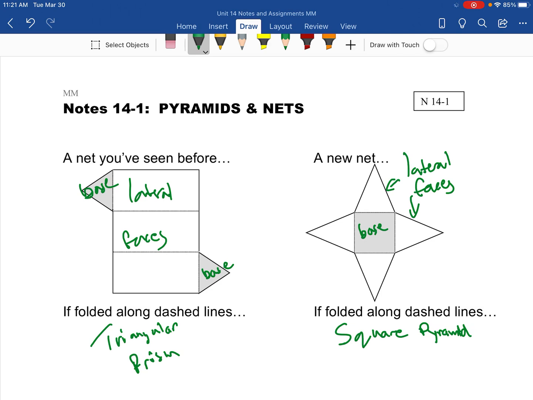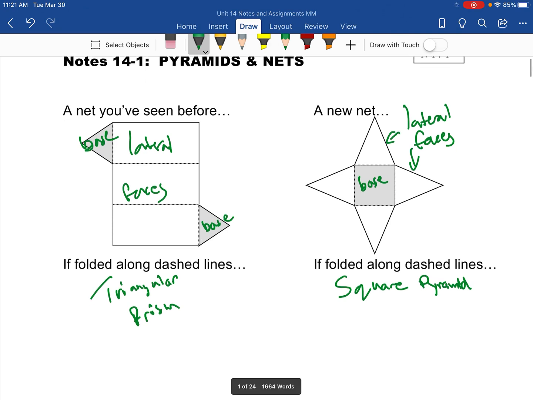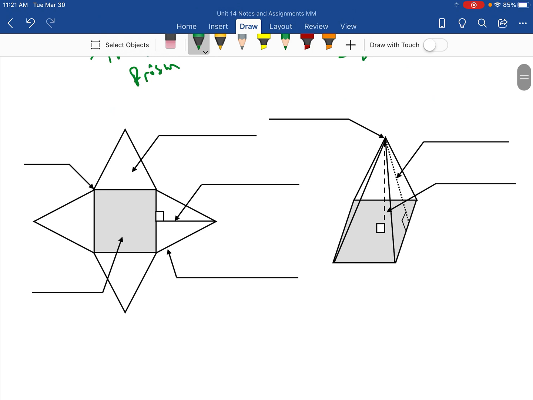All right, let's look at first our net and some separate, individual parts. So we've got our base, and we've got a lateral face, that triangle. This edge here is a lateral edge.